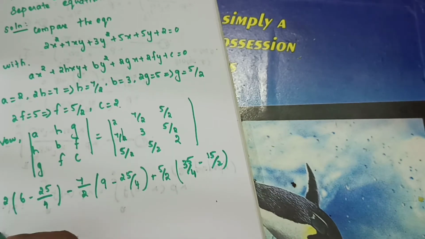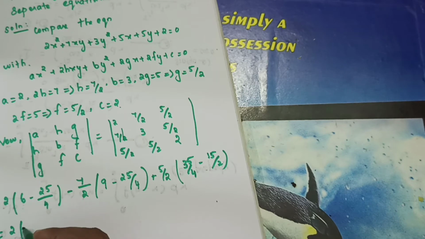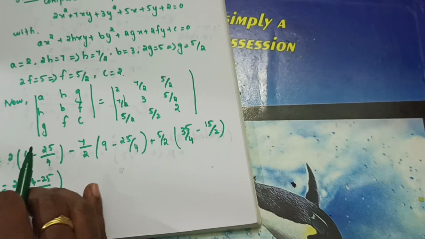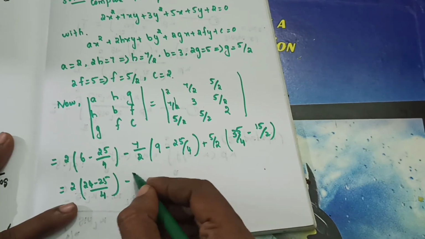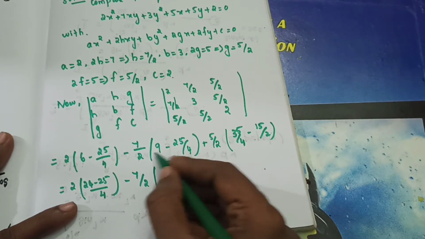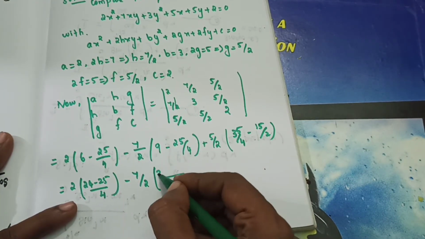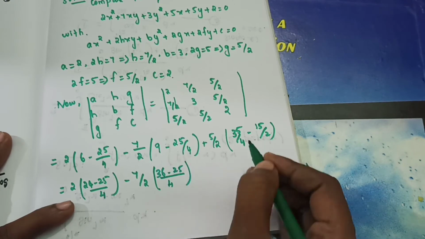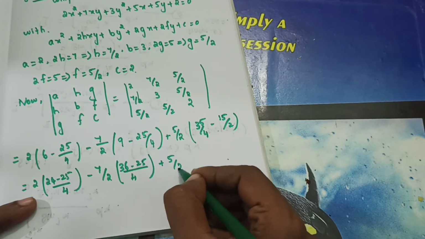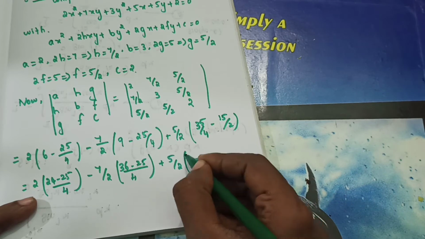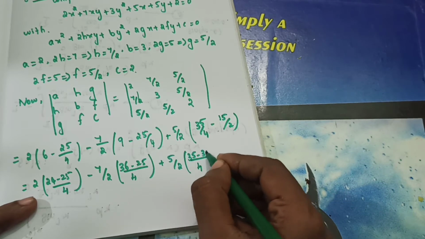Simplify. So how much will get? 2 into this, LCM is 24 minus 25 by 4, minus 7 by 2. Take the LCM. So 4 is the LCM, 36 minus 25. The next one is 5 by 2. 4 is the LCM, 35 minus 30.